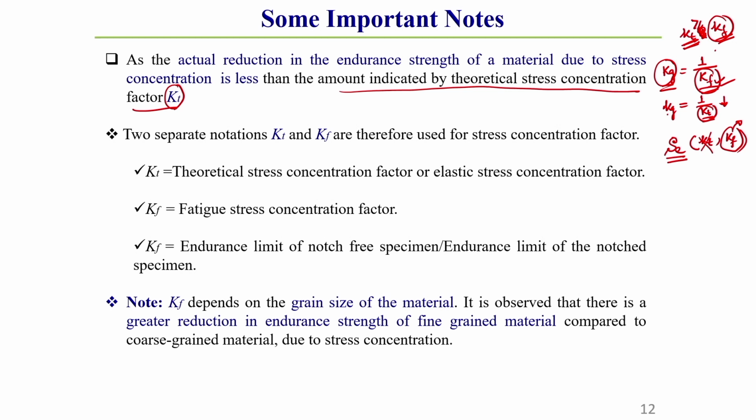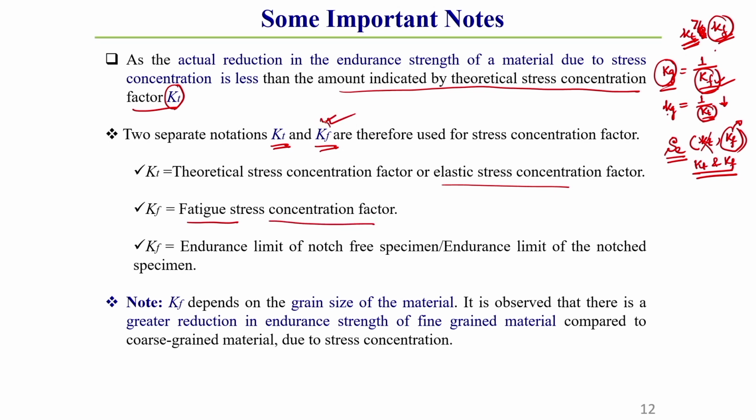But we can find a relationship between Kt and Kf, and I will discuss how in a subsequent slide. That is why we need to define two different types of stress concentration factor. One is the theoretical stress concentration factor, or elastic stress concentration factor, which I have already discussed. The other is the actual or fatigue stress concentration factor, Kf.